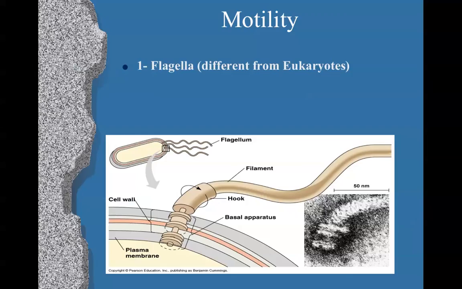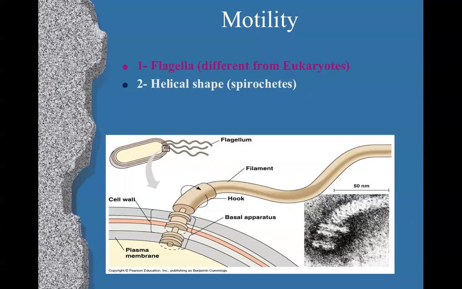Alright, so how can bacteria get around? One way is by using their flagella. It spins and swirls just like a eukaryotic flagella would, but the structure is different. Some bacteria also have a helical shape. We saw in the first slide spiral-looking bacteria, and I said as an example there's syphilis.